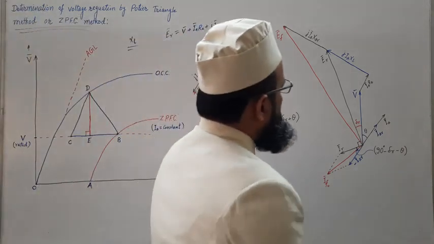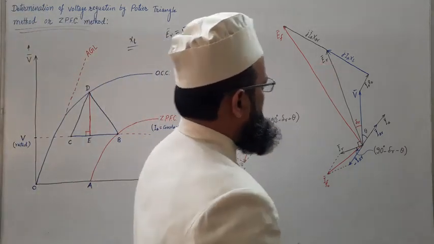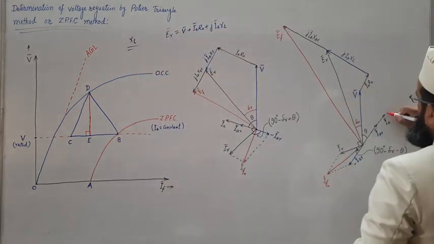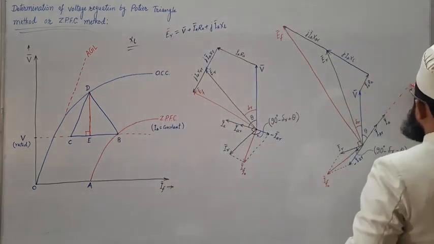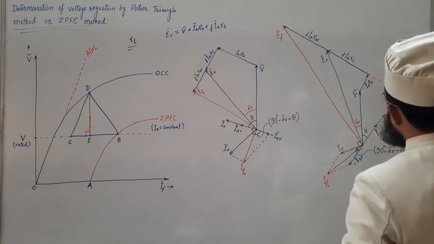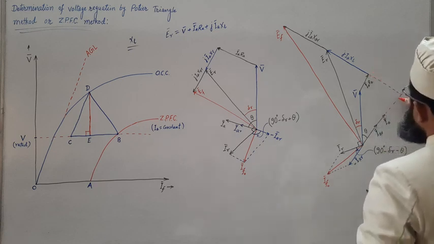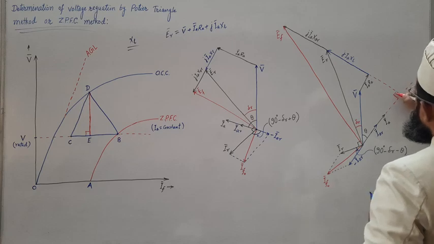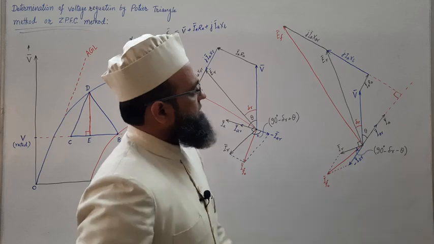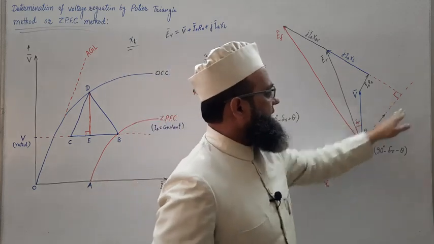So how to get the magnitude of this ER? For that, just extend this IA line, as well as this line. Obviously, this will be 90 degrees. This is the jIA line and this is the IA line.